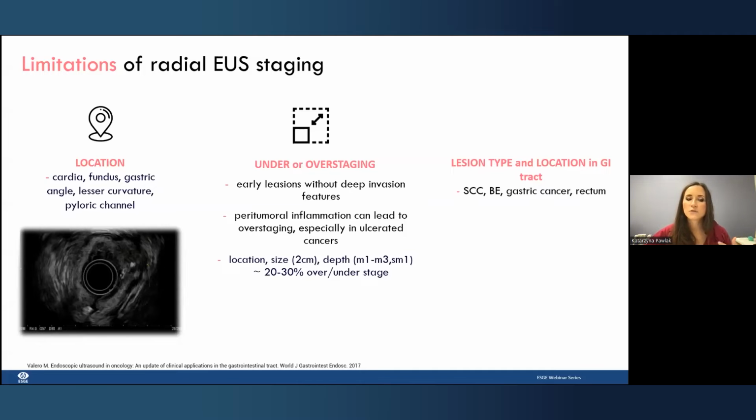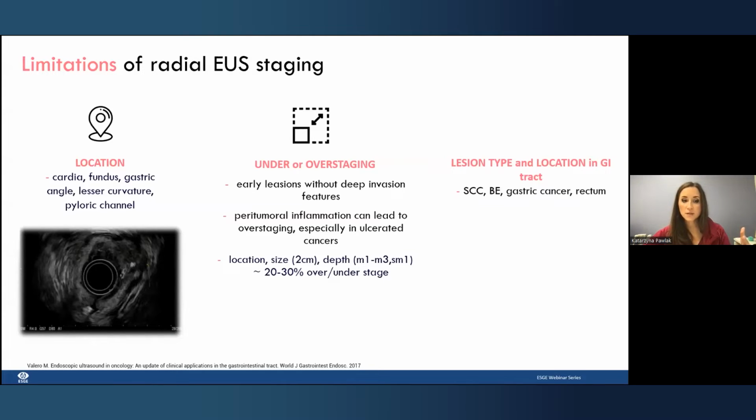That's why we first assess endoscopically and then we qualify for an eventual EUS assessment. Also, under and overstaging might be related to early lesions without deep invasion. That's why we rather assess more advanced lesions. Also, tumors with peritumoral inflammation can lead to overstaging, especially when we have ulcerated cancers.